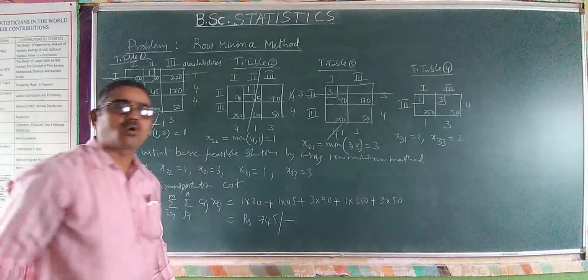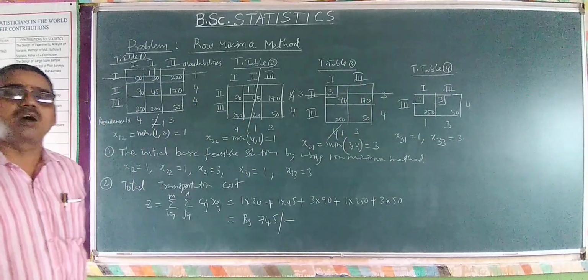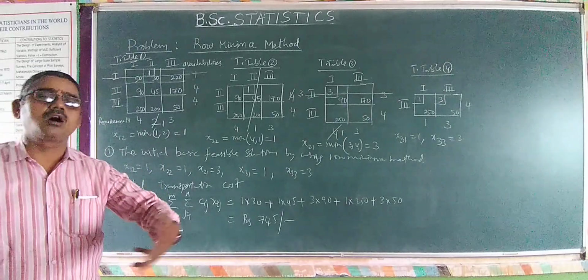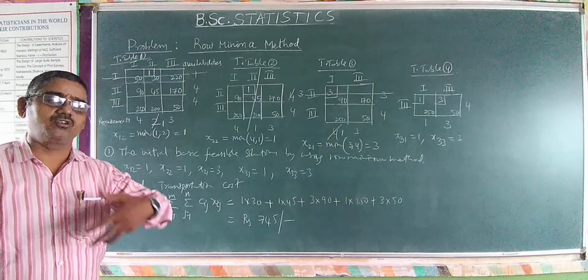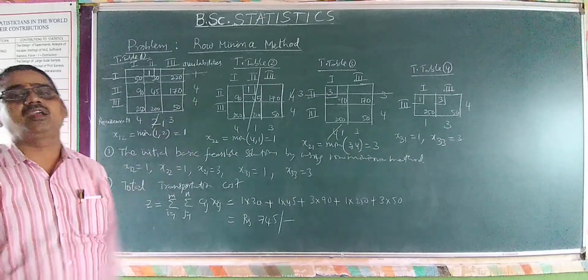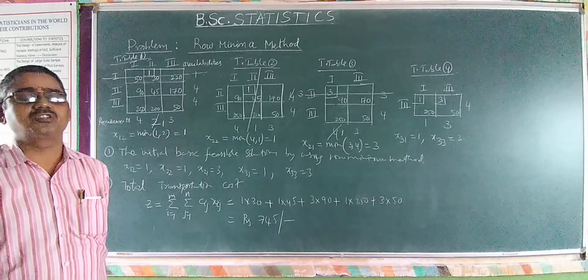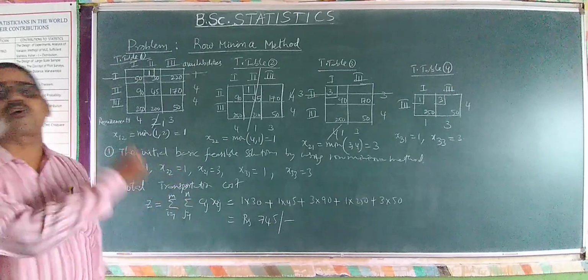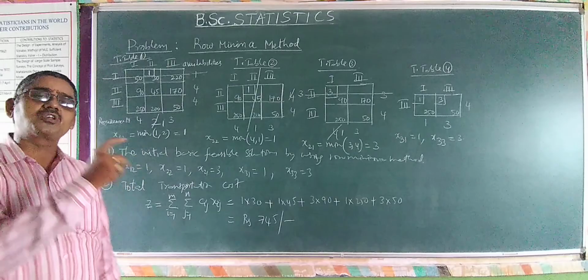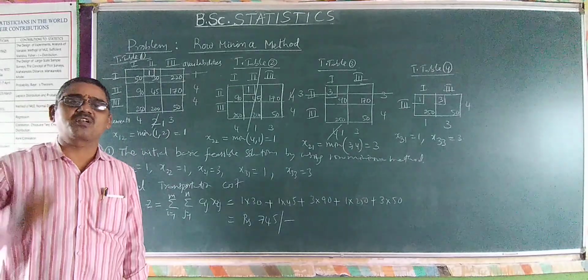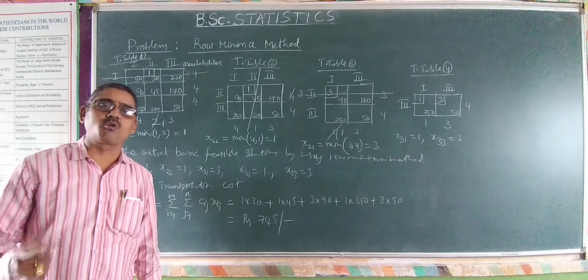This is the total transportation cost obtained in the row minimum method. These are the 2 points you have to furnish at the end, after completion of the method, by using the row minimum method or any particular method: first, the initial solution, and second, the total transportation cost. Hope you understand. This is the procedure of the row minimum method.